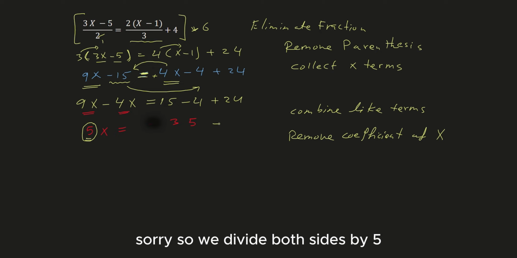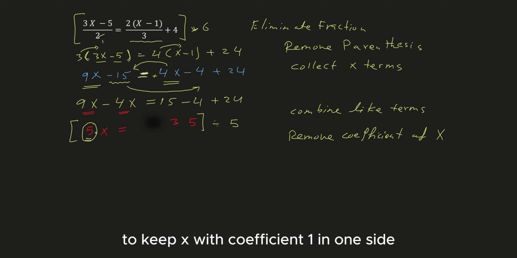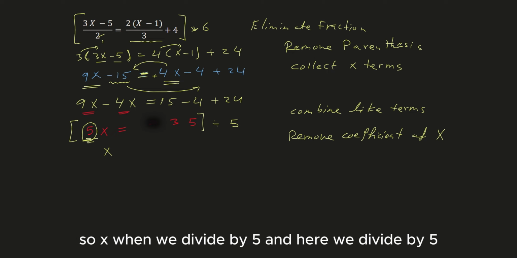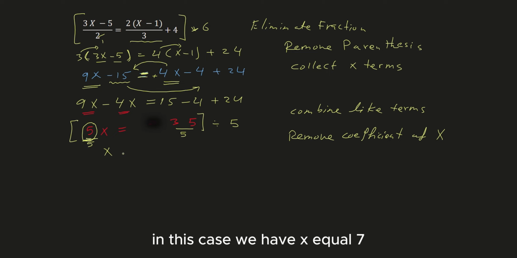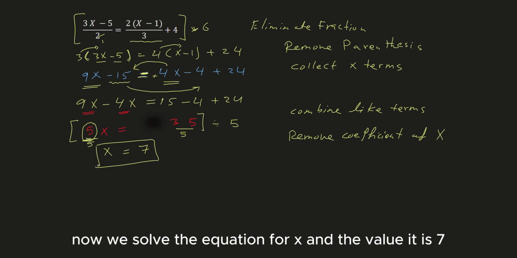So we divide both sides by 5 to keep x with coefficient 1 on one side. We need to find the value of x. So x divided by 5, and here we divide by 5, in this case we have x equals 7. Now we have solved this equation for x, and the value is 7.